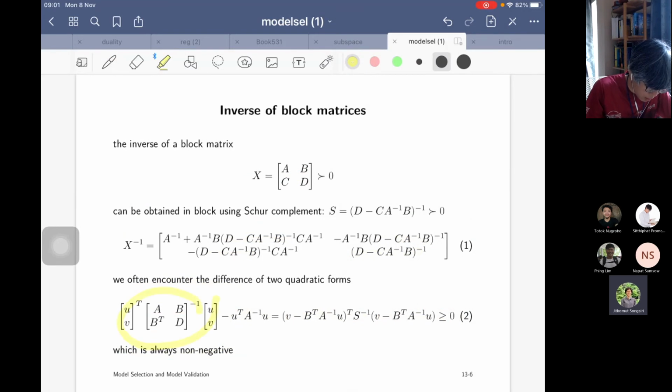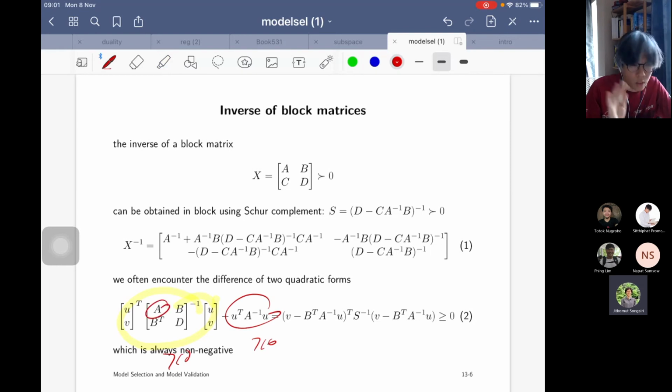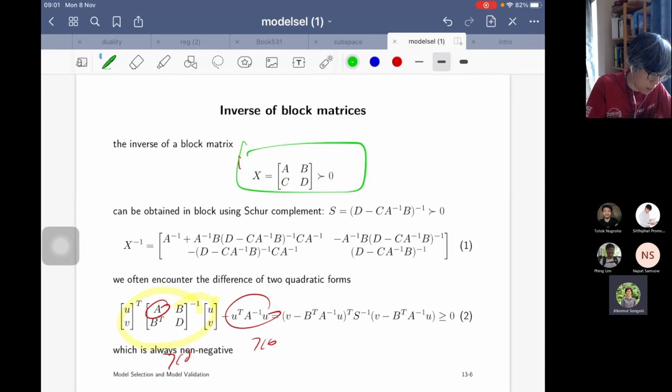This term is positive, and this one is also positive because A inverse has to be positive by assumption. But the subtraction of two non-negative terms is generally not guaranteed to be positive, like 6 minus 10.